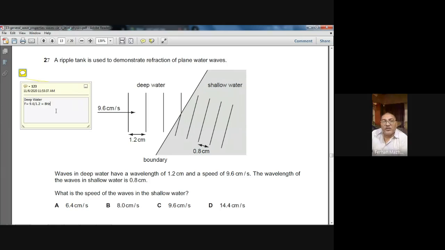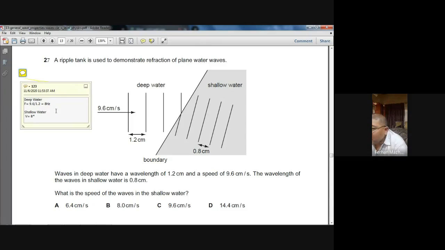And we know that when the water wave enters into the shallow water, the frequency will remain unchanged. So in the shallow water, the frequency will also be 8 hertz. And the wavelength in the shallow water is 0.8. So I can calculate the velocity. V equals f lambda.